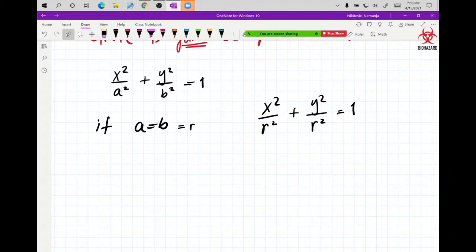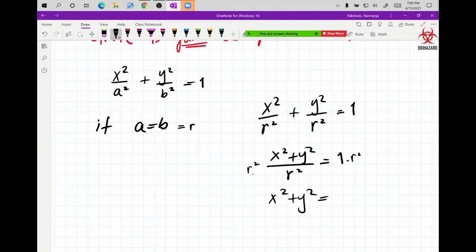And you already have common denominators, so now add them together. And then finally multiply both sides by r squared. So on the left hand side you have x squared plus y squared, and on the right hand side you just have r squared. You see that?